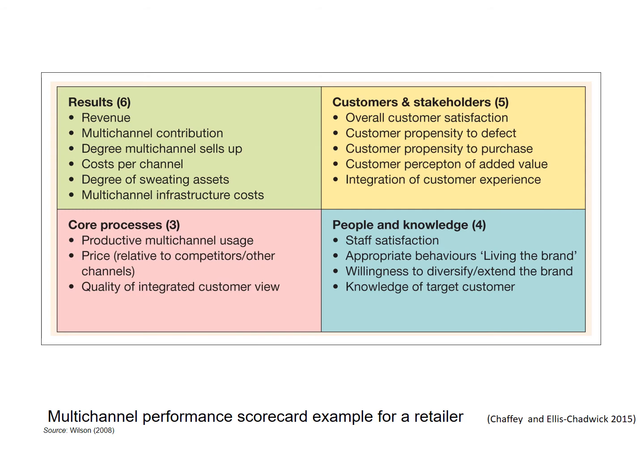In terms of customers and stakeholders, what is the overall customer satisfaction? What about the customer propensity to defect, the customer propensity to purchase, and the customer perception to added value, and then the integration of customer experience.